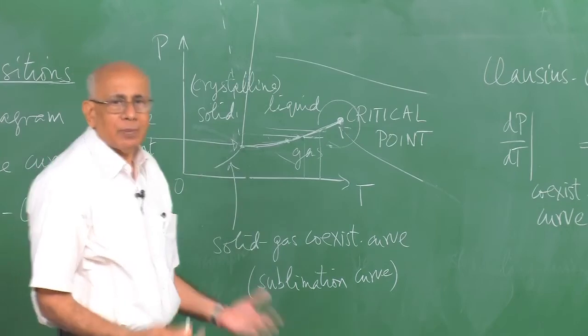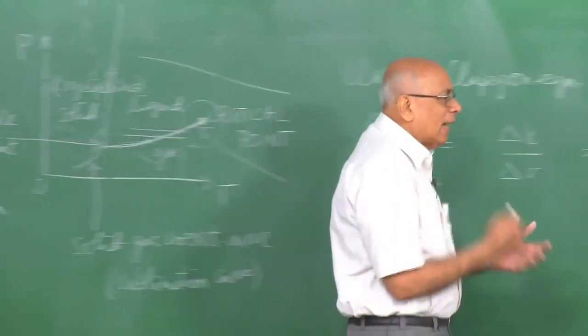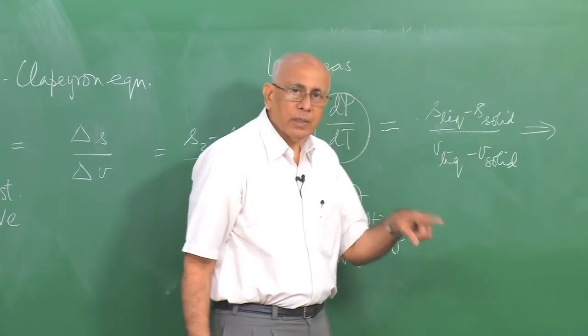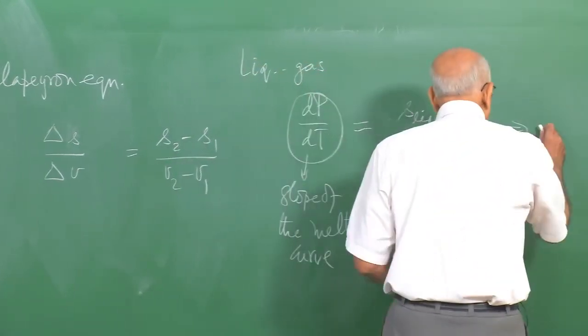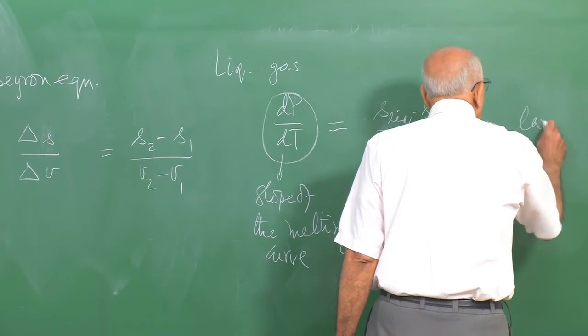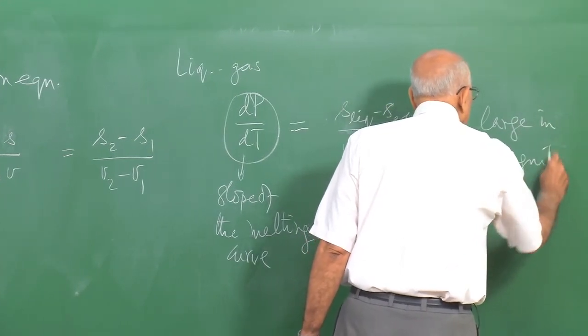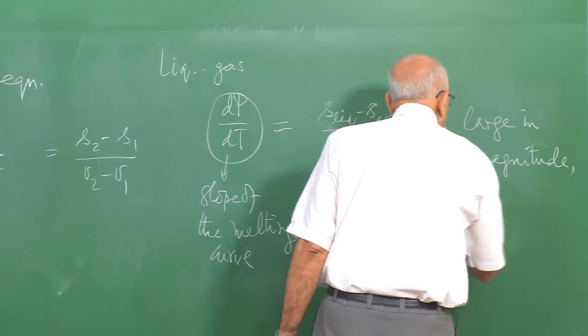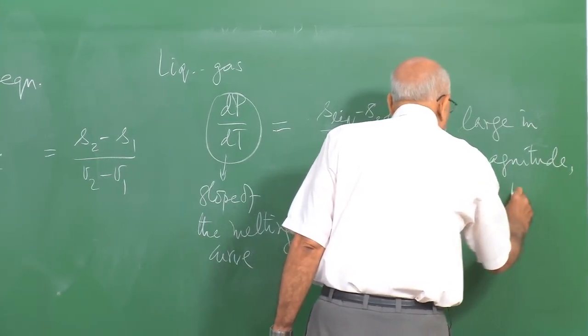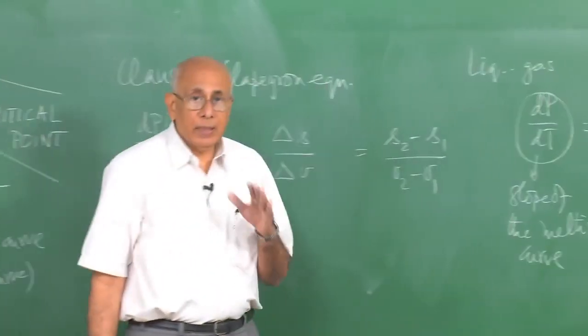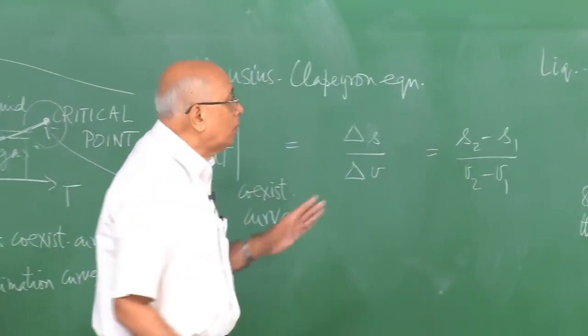But most substances actually contract on freezing, and then V liquid is bigger than V solid and it is positive. So this will always be large in magnitude, but plus or minus, could be positive or negative, usually positive, but could be negative.